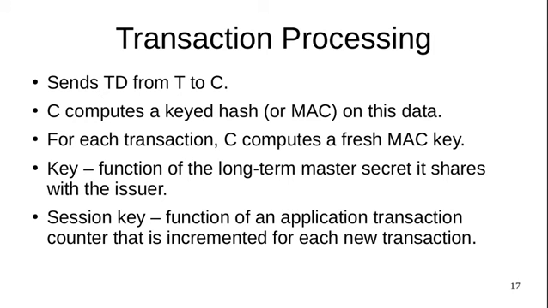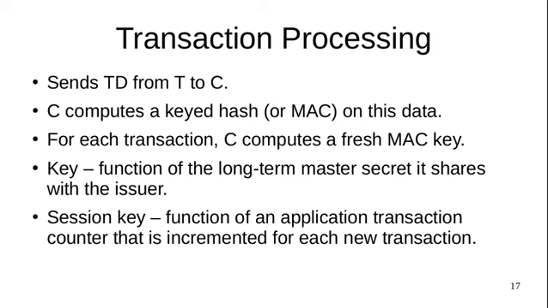The transaction data may include the transaction amount, the currency in which the transaction is happening, the date and time, the PAN, that is the primary account number, the terminal ID, since different terminals may exist, and a nonce. So this will be there in the transaction data, and it is sent from the terminal to the card.